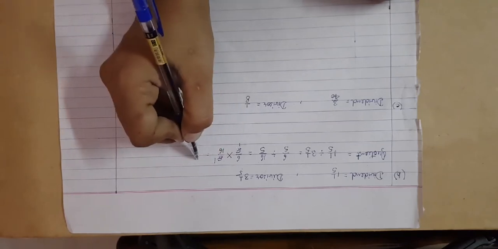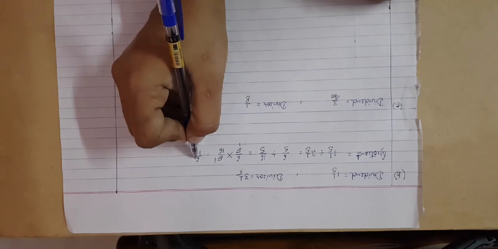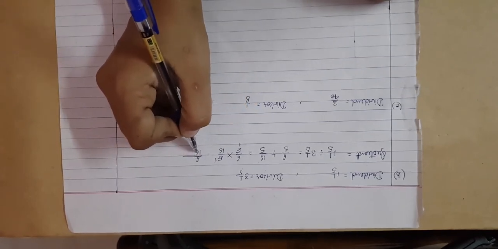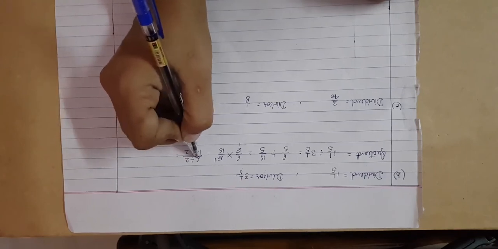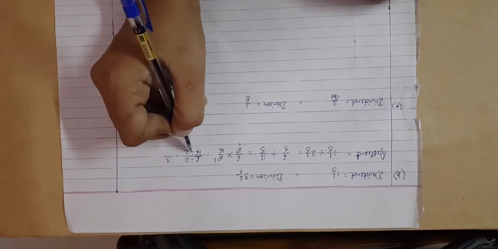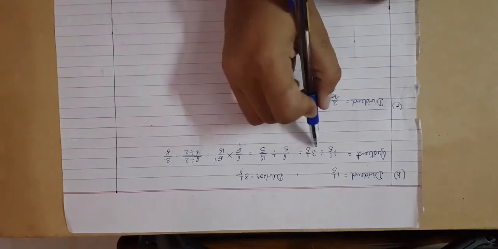Now 6 upon 16 will be the fraction, as 6 into 1 is 6 and 1 into 16 is 16. So both of them can be divided by 2. 6 divided by 2 will be 3, and 16 divided by 2 will be 8. So 3 upon 8 is the answer for this division.